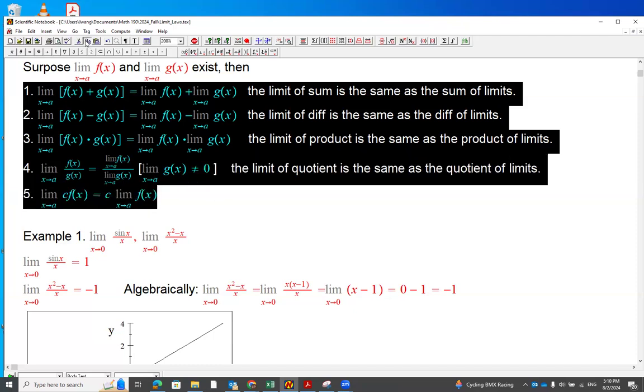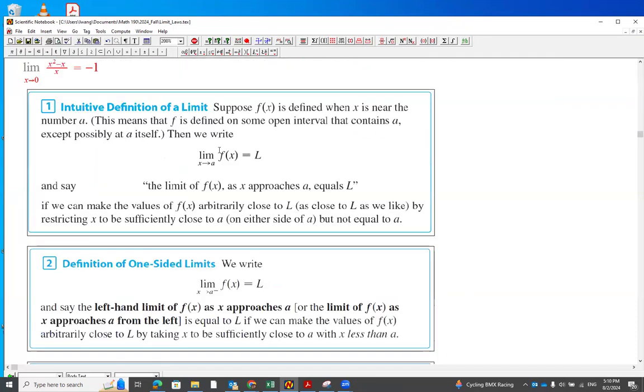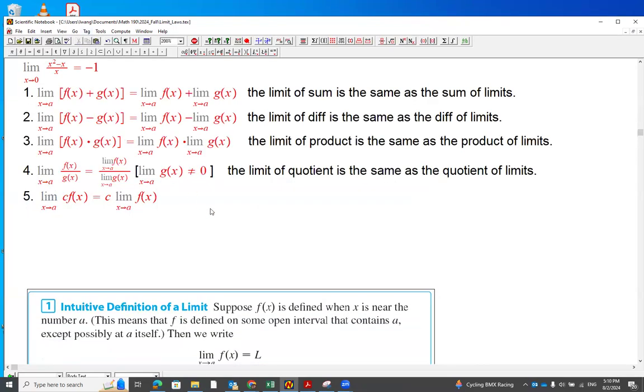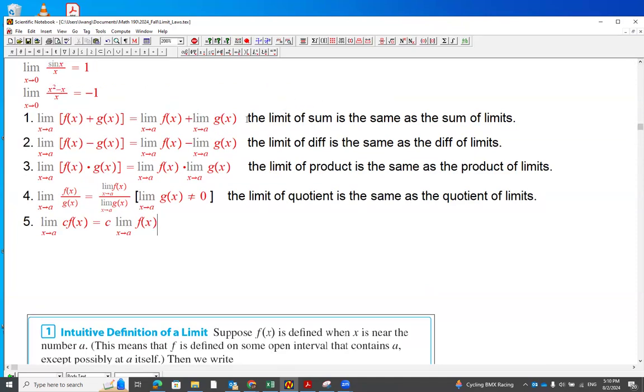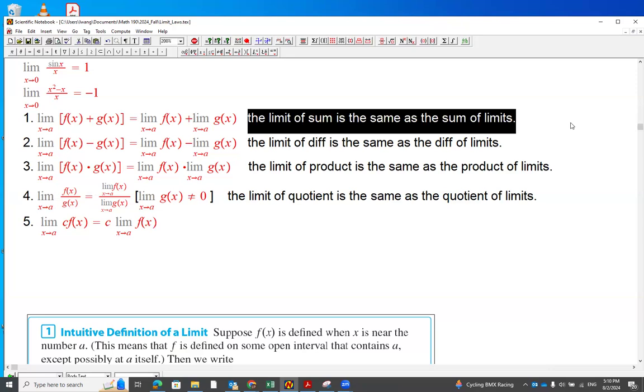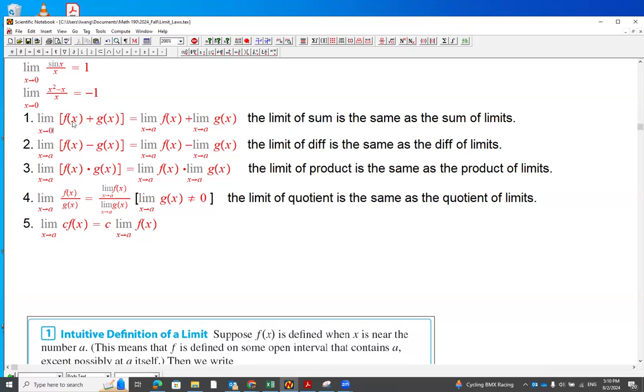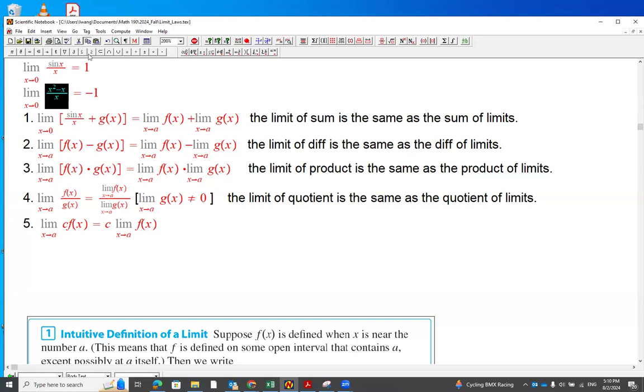So next, we're going to apply these limit laws. How do we apply them? For example, I did a copy and paste, because in our particular example we don't need all of these. Now in the case of x equal a is 0, f of x is sine x over x, and g of x is the other function.